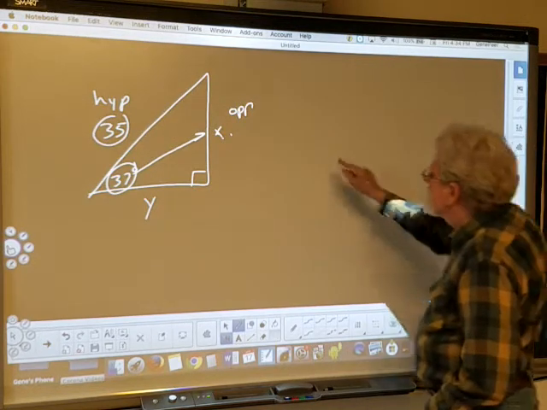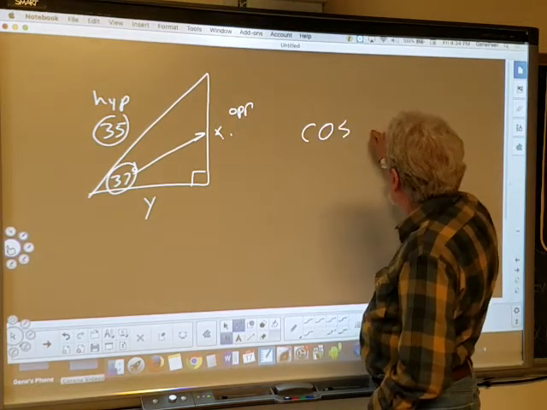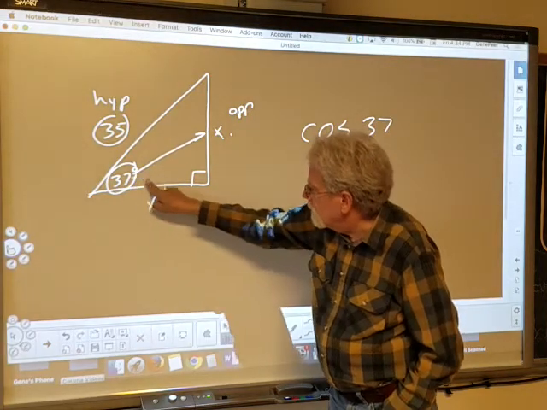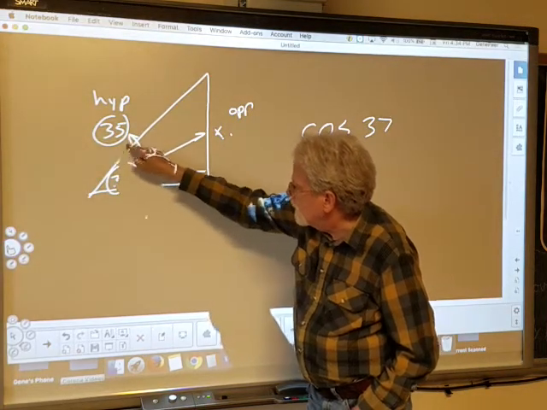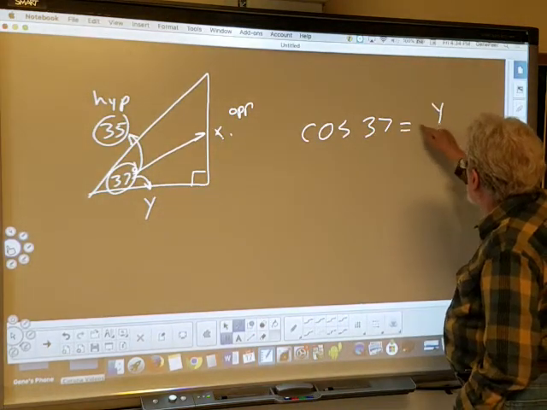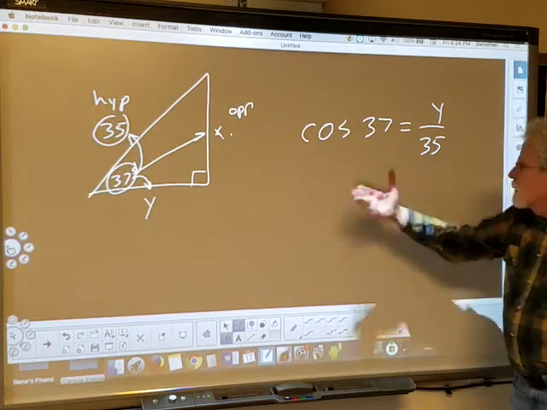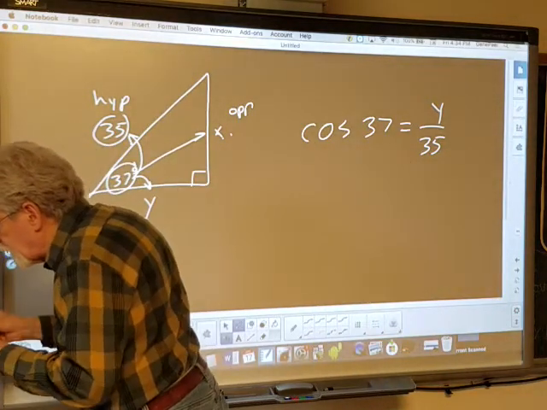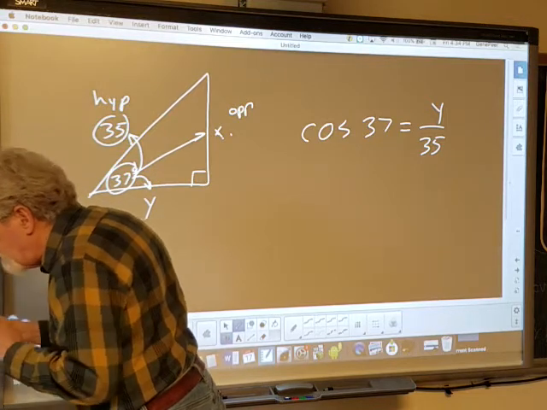So, I've got cosine of 37 equals adjacent over hypotenuse, that's y over 35. So I look up cosine of 37. Might as well just quickly look at it because it certainly is not difficult or time consuming to do so.